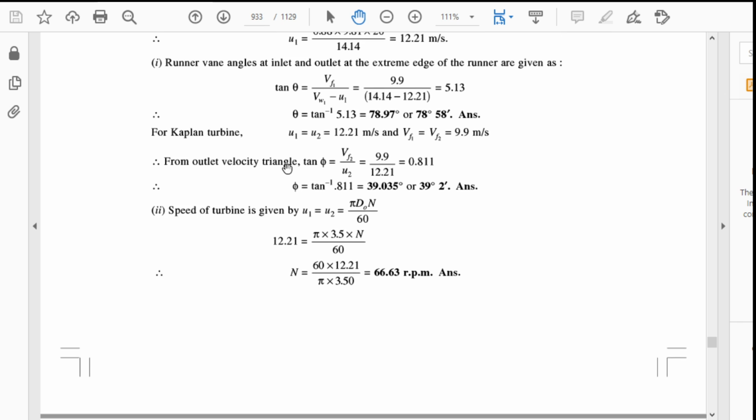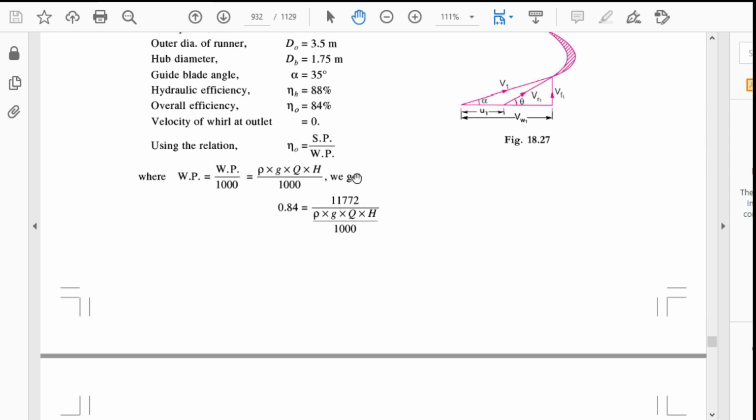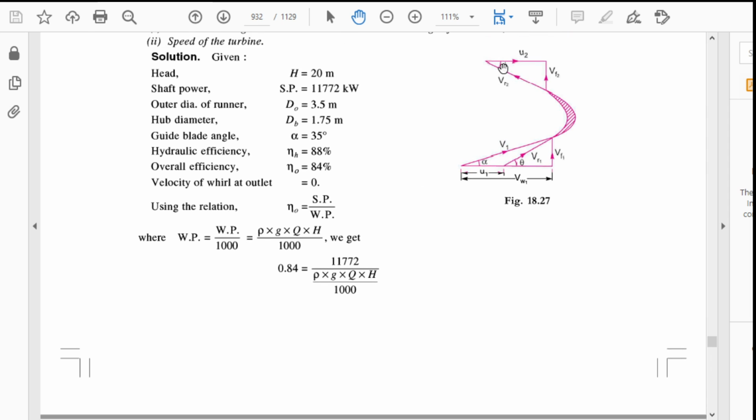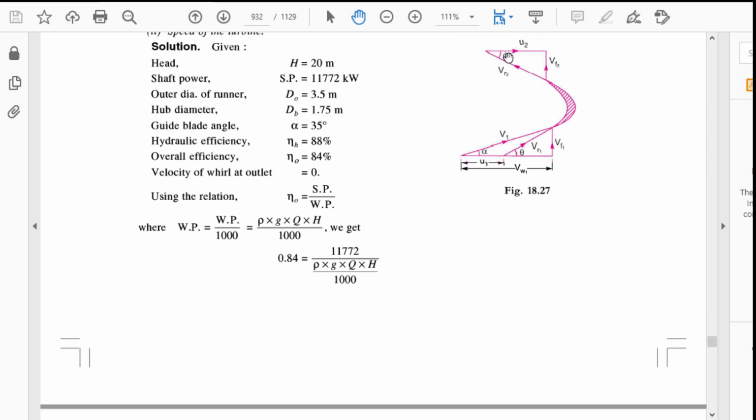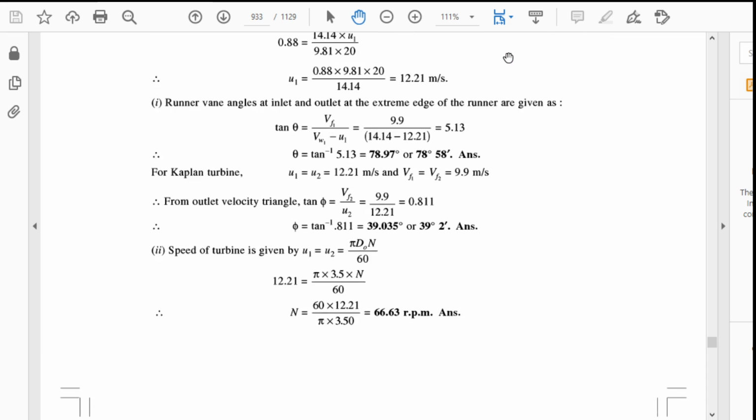For the Kaplan turbine, as I have shown, the peripheral velocity u1 equals u2 and Vf1 equals Vf2. So from the outlet velocity triangle, tan phi is Vf2 divided by u2, opposite divided by adjacent. So the phi value will be 39 degrees 2 minutes. These are the two angles we have found.